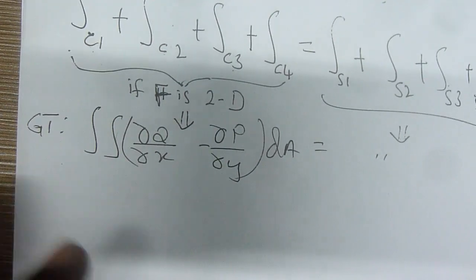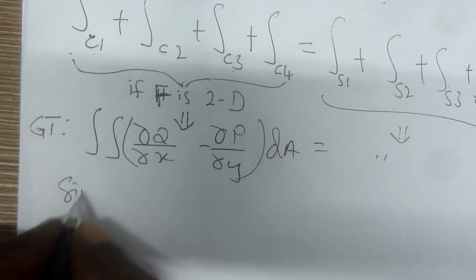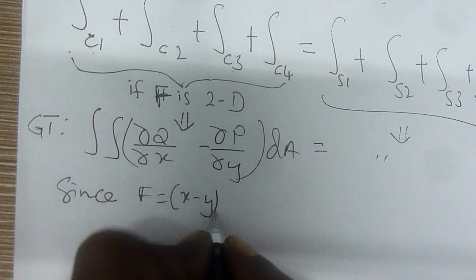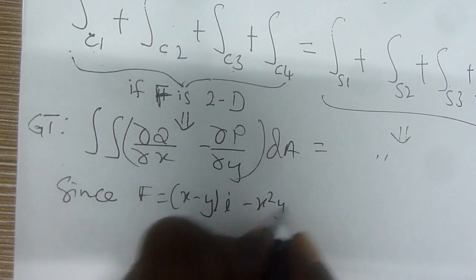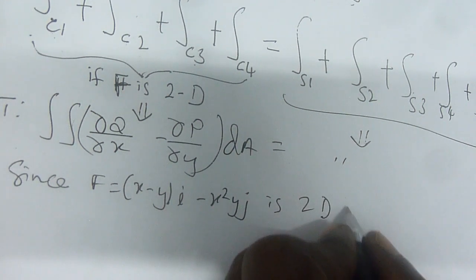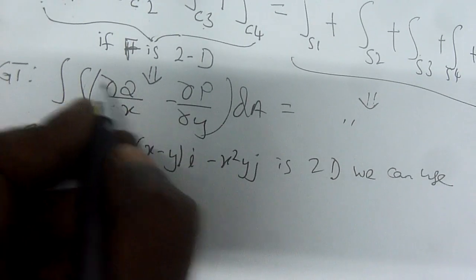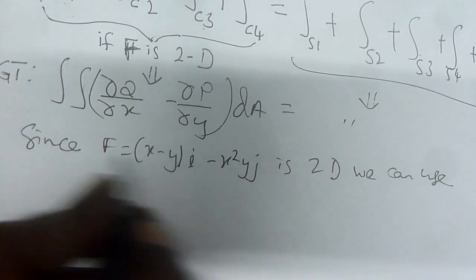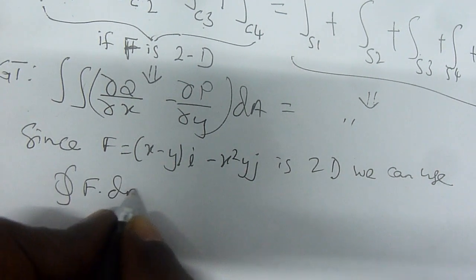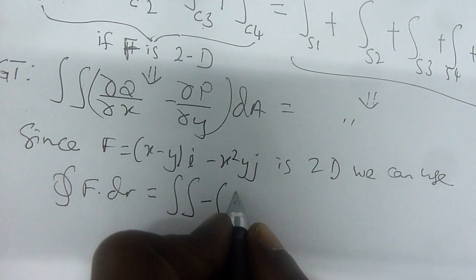Therefore the first step: since F equals x minus y i plus x2 yj is 2D, what can we use? We can use the loop integral of F dot dr, Green's theorem.